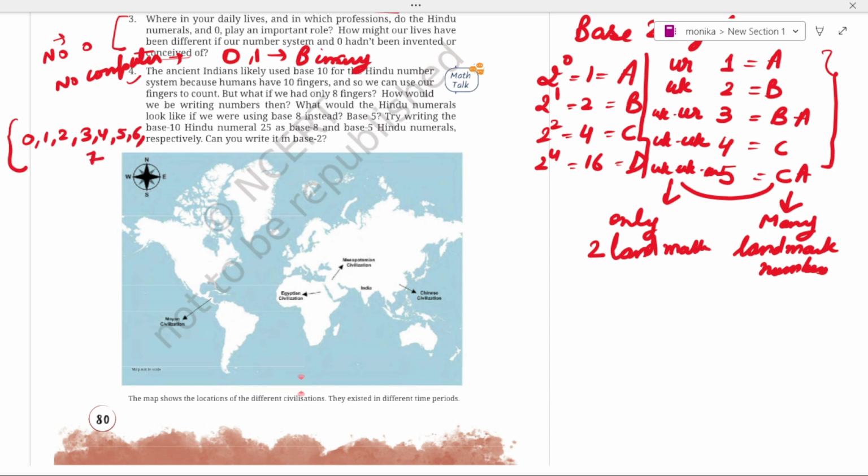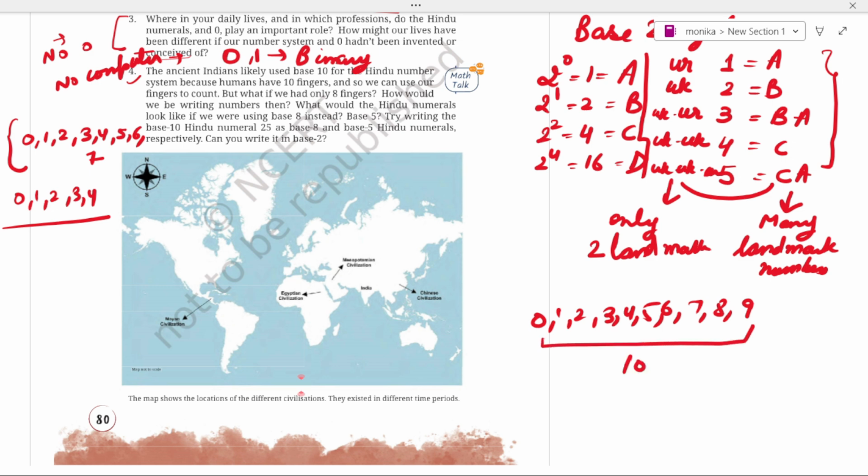And if we have 5 fingers, it will be 0, 1, 2, 3, 4 only, right? Yes, we use 10 digits, 0, 1, 2, 3, 4, 5, 6, 7, 8 up to 9. We have 10 fingers, so we count on them. If we have only 8 fingers, we use these digits. If we have only 5 fingers, we use these.